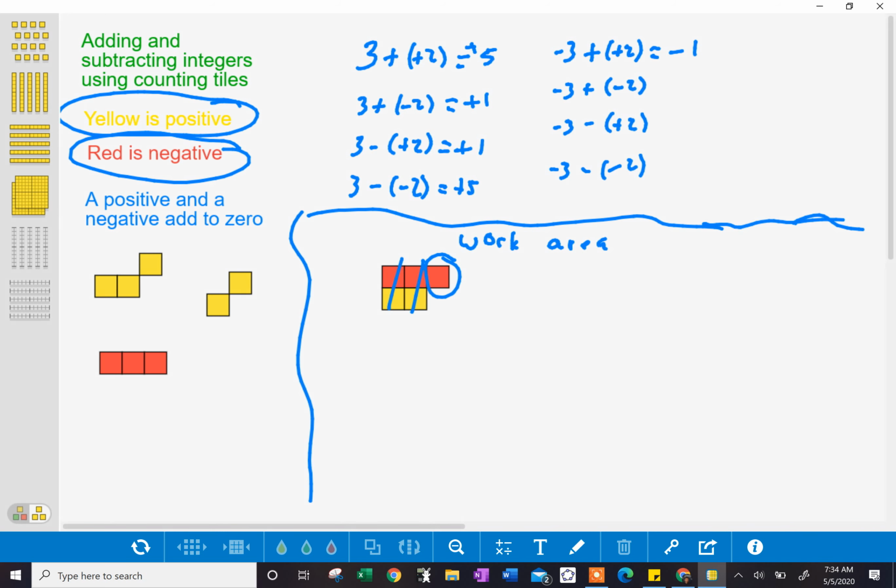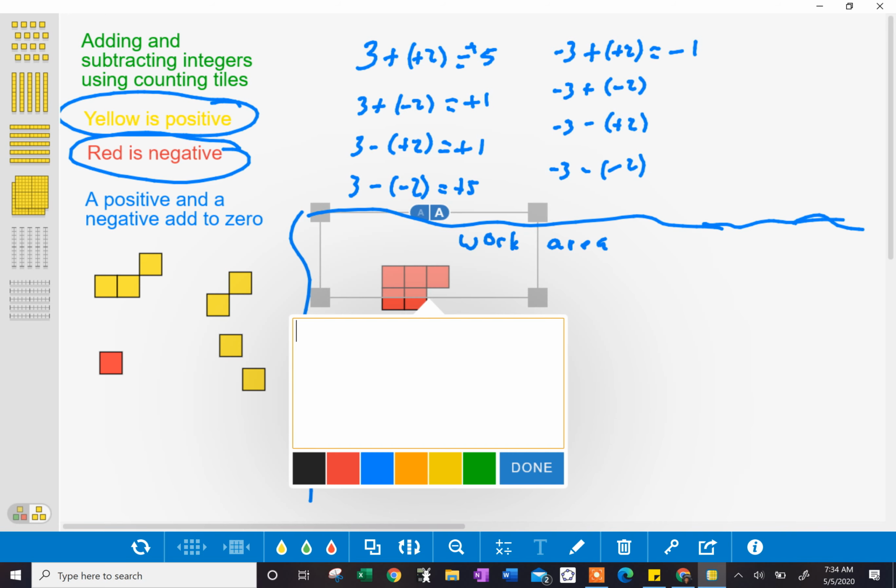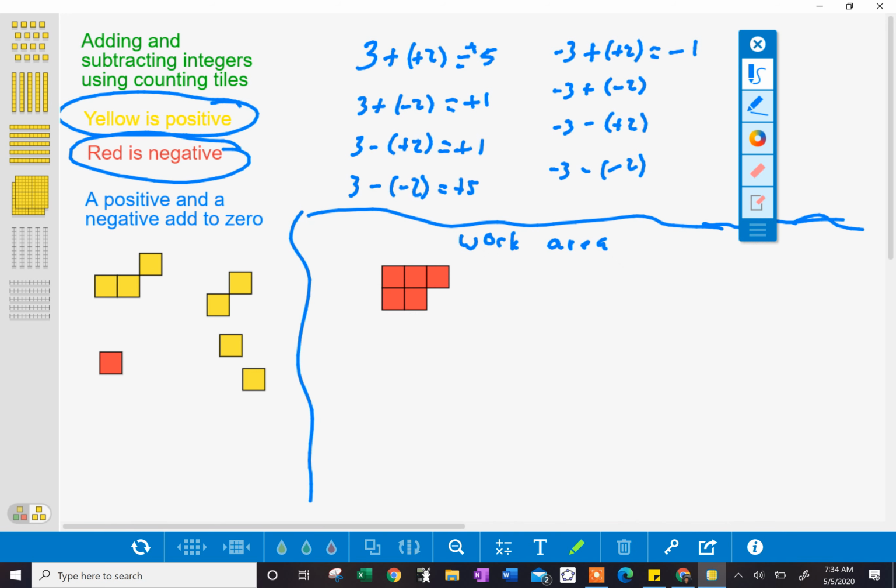All right, so that's good. If I start with 3 positives and I add 2 negatives, well, I'm adding 2 more negatives. So I'm starting with 3 bad things happening to me, and I'm adding 2 more bad things to happen to me. That's in total 5 negatives. Negative 5.